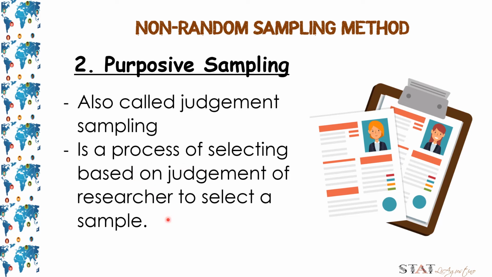For example, I will choose this person because I think he had the experience of taking some drugs, or I would like to interview this person because I think he had the experience to go abroad. I want to interview this person because I think he already went to some mountains. So that is one of the purposive sampling.